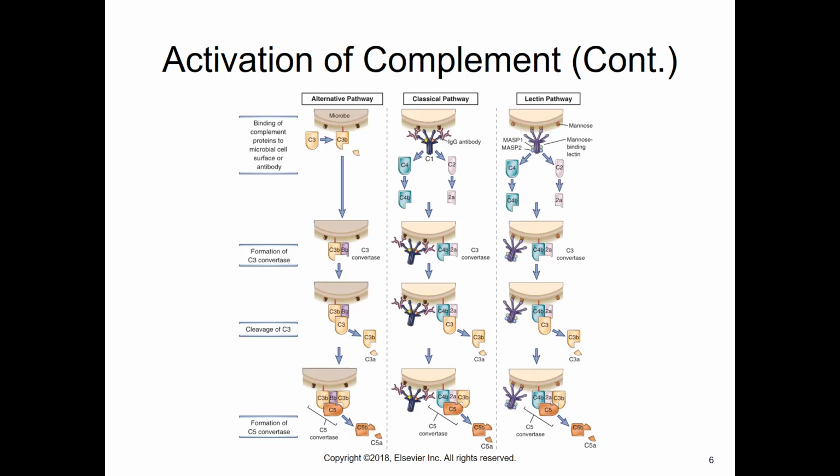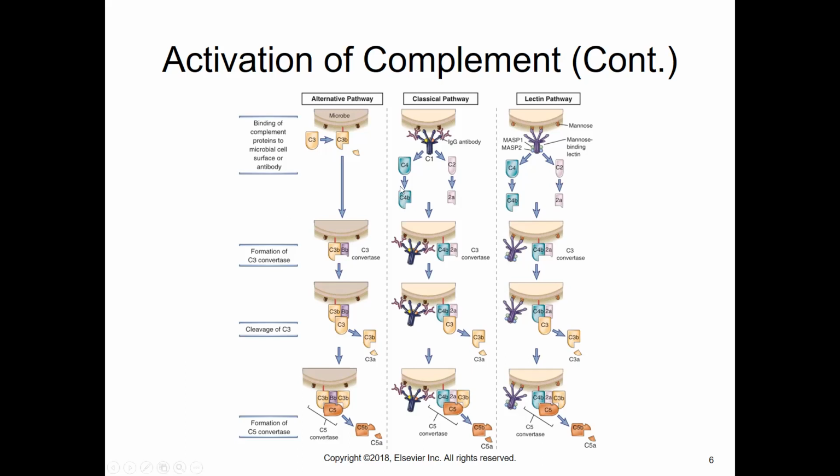And it says it goes in order from C1 to C4 to C2. So it activated C1. Okay, then it went to C4. C4 then turns into C4b, which activated. So you see how right here there's like a notch missing out? This part right here made C2. Then C2 activated 2a, okay?